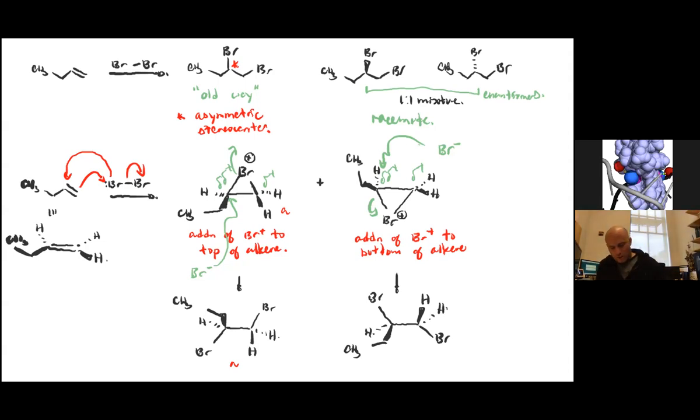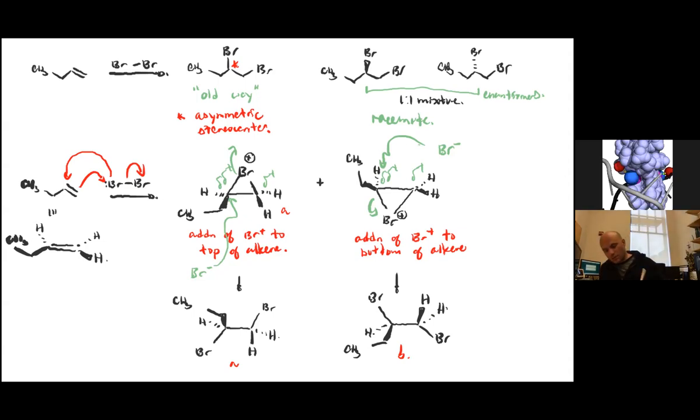And we'll call this B, okay? So those two products derive from those two bromonium ions. And the question then is, what is the stereochemical relationship between these two products? And the answer is that they are enantiomers.